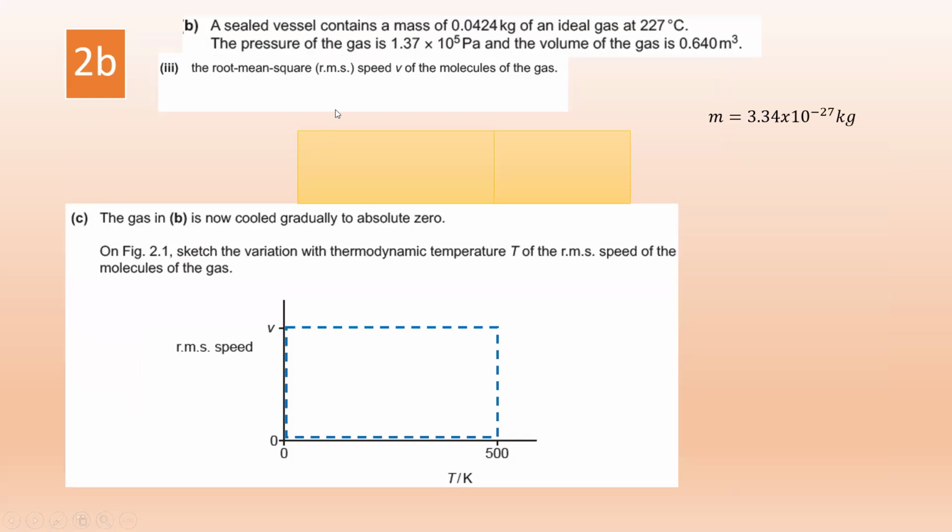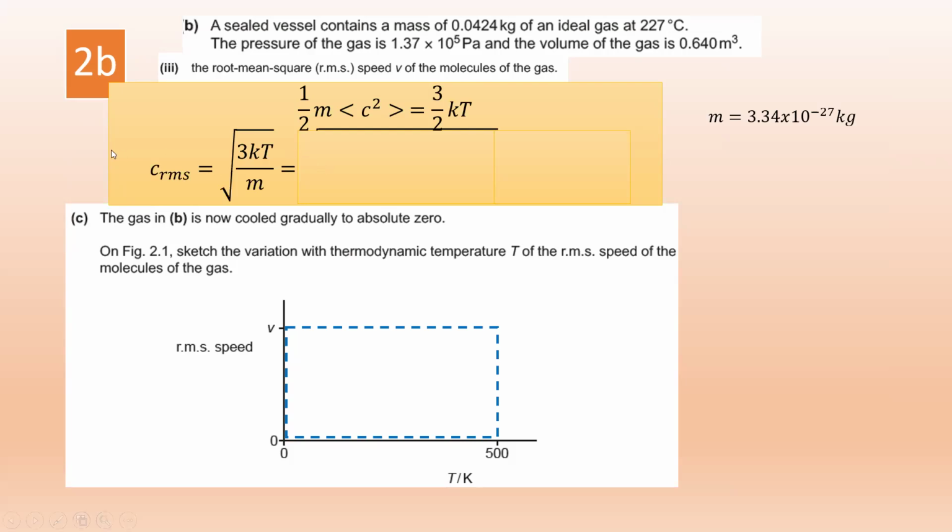Root mean square speed of the molecule, half m c square. What formula to use? Ek equals half m c square. Half m c square equals 3/2 kT.